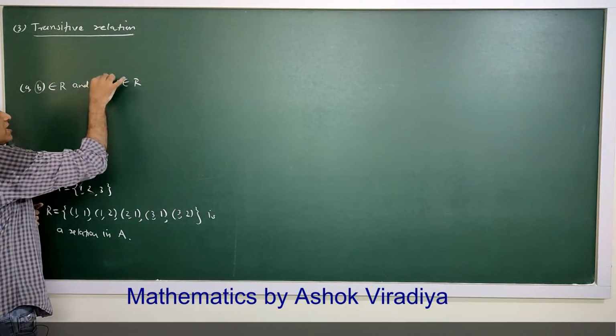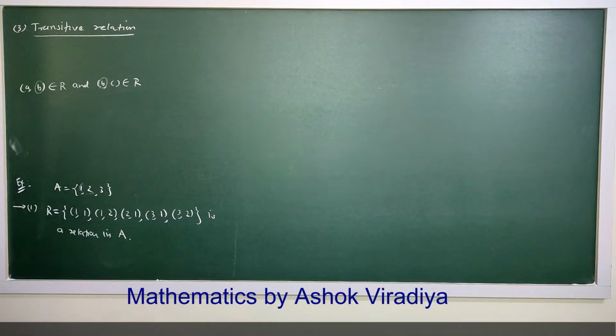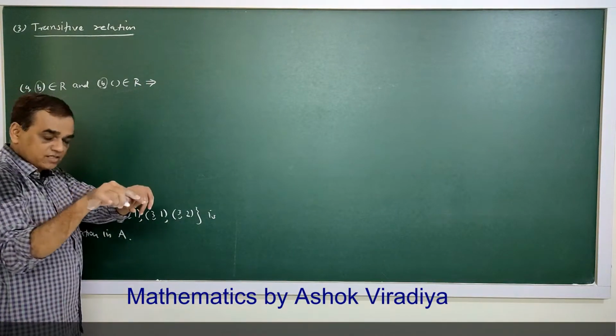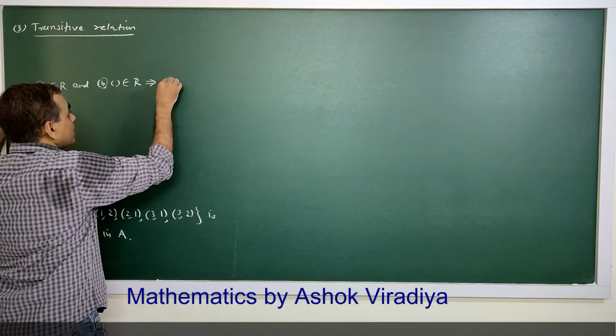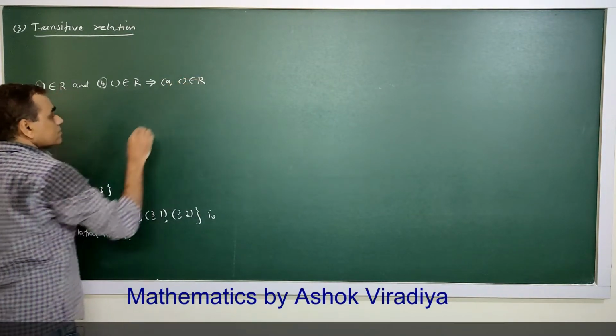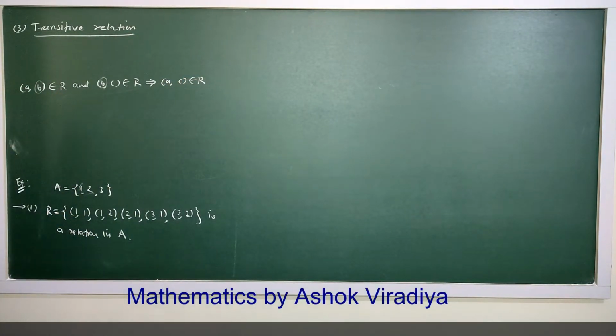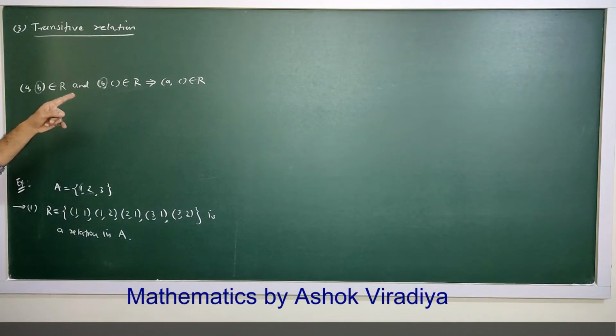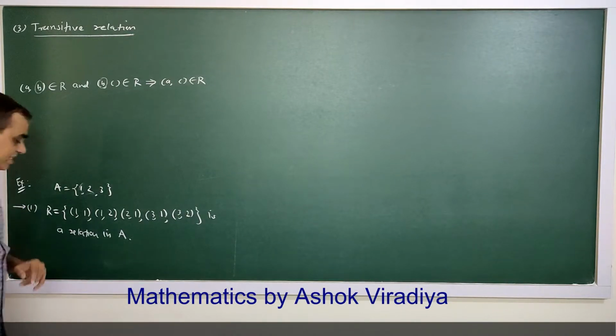This number is in common. Then what do we need? We need (a, c) belonging to R. For all such elements belonging to R, (a, c) must belong to R. Then this relation is said to be a transitive relation.